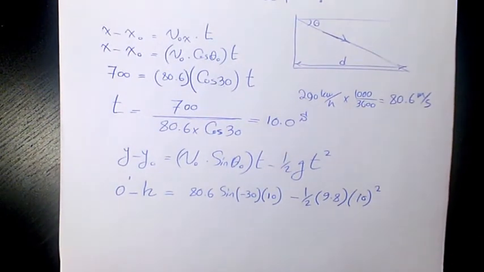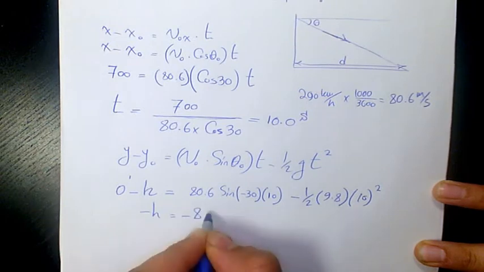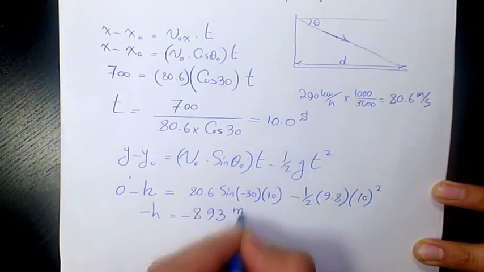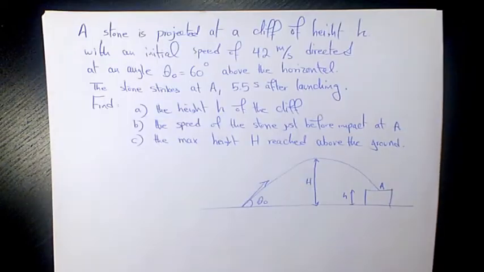That makes negative h equal to negative 893 meters, so the height is 893 meters.